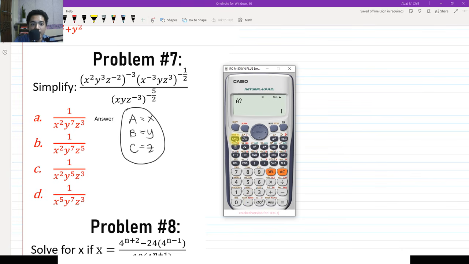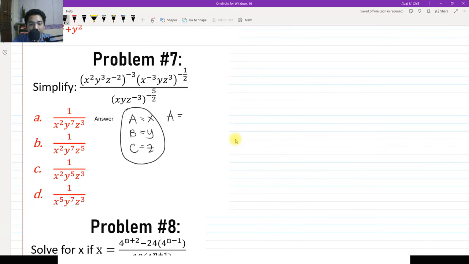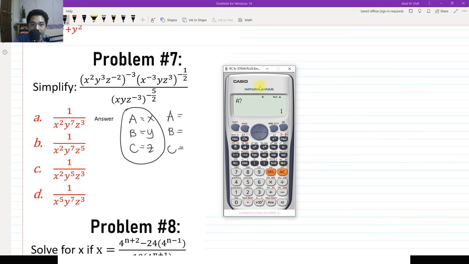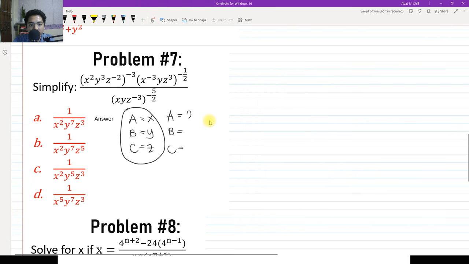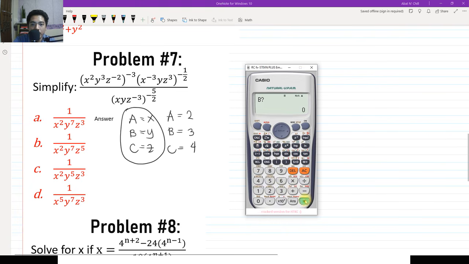Now the calculator will ask for some values: A for X, B for Y, C for Z. So let's try the values 2, 3, and 4. A is 2, B is 3, C is 4. So the answer should be 1.76 or this value.